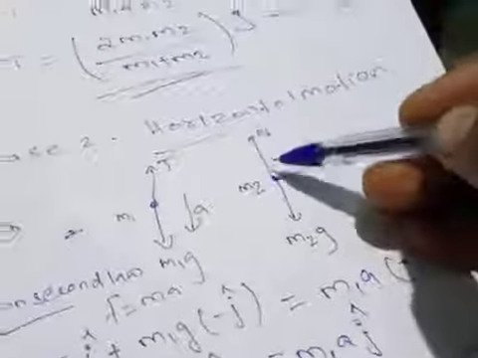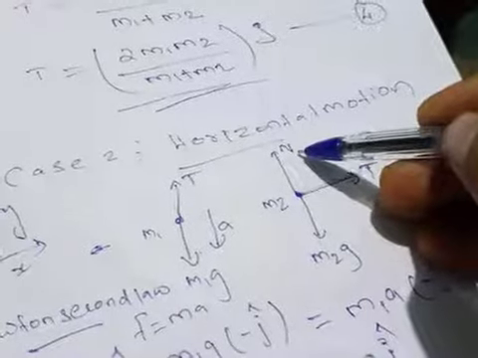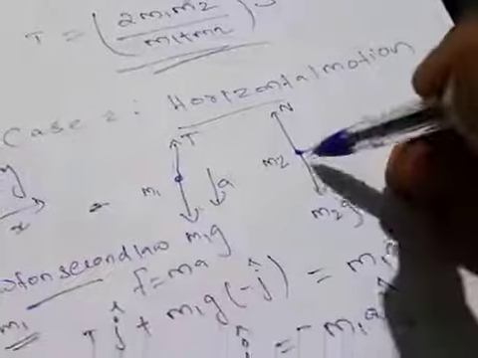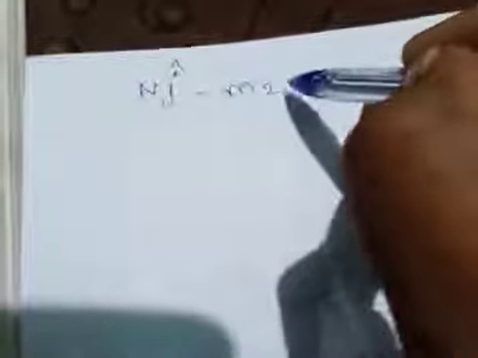Y direction means the upward normal force, N J unit vector, plus M2G, which is in the minus J unit vector direction, so N J unit vector minus M2G J unit vector, because of the F equal to MA formula.